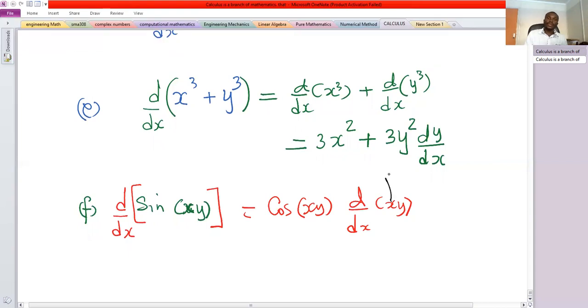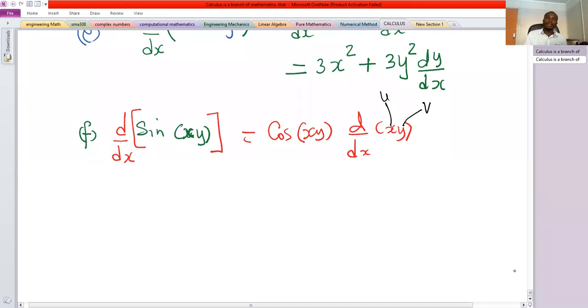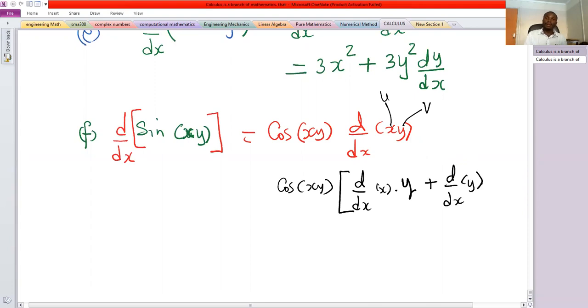So let this one be u, let this one be v. This will have cos of xy, u prime, so d/dx of x multiplied by v, which is y, plus v prime, d/dx of y times u, which is x.